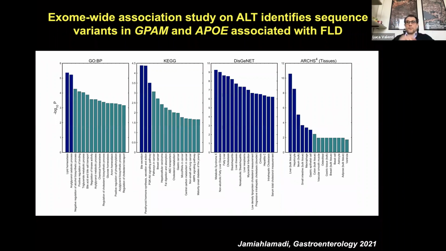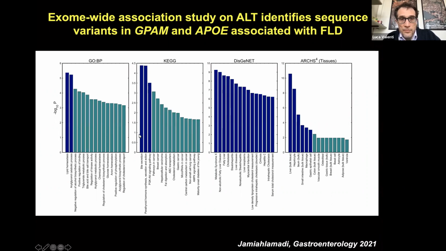And what was remarkable was that the majority of these risk variants were located at genes involved in the regulation of lipid metabolism, consistent with the fact that alteration in hepatic fat accumulation and lipid metabolism are one of the main drivers of liver damage at the population level.